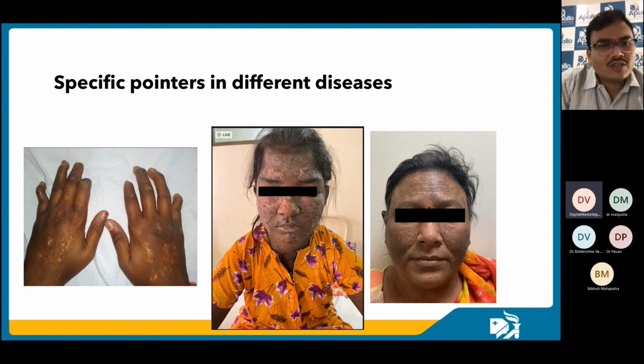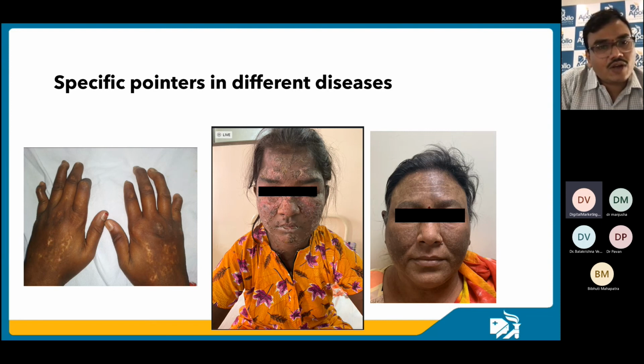The other thing, as you can see, is a salt and pepper pigmentation over the dorsum of the hand. These are not arthritis; the digits are actually shrunken at the tips. This is a typical example of complicated Raynaud's, and you can see her skin is shiny, glossy and thickened.